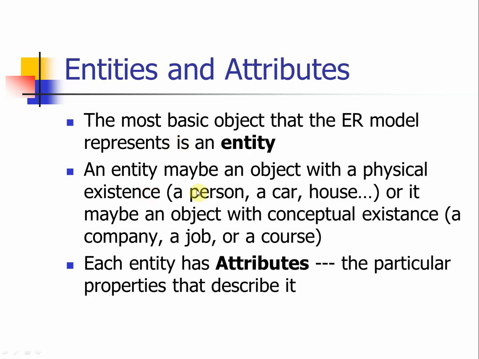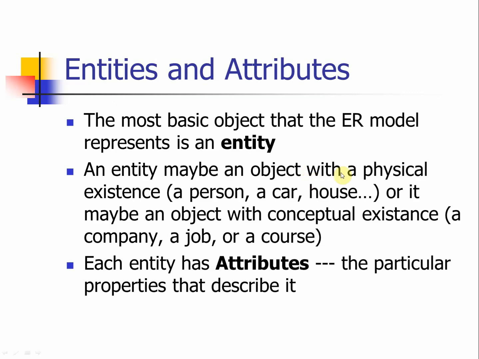An entity may be an object with physical existence, such as a person, a car, a house. If you look into websites describing a house, then obviously you need to look into how many bedrooms you have, what's the address, how many square feet this house has, does it have a garage, those kinds of things. Those are the attributes describing the house.